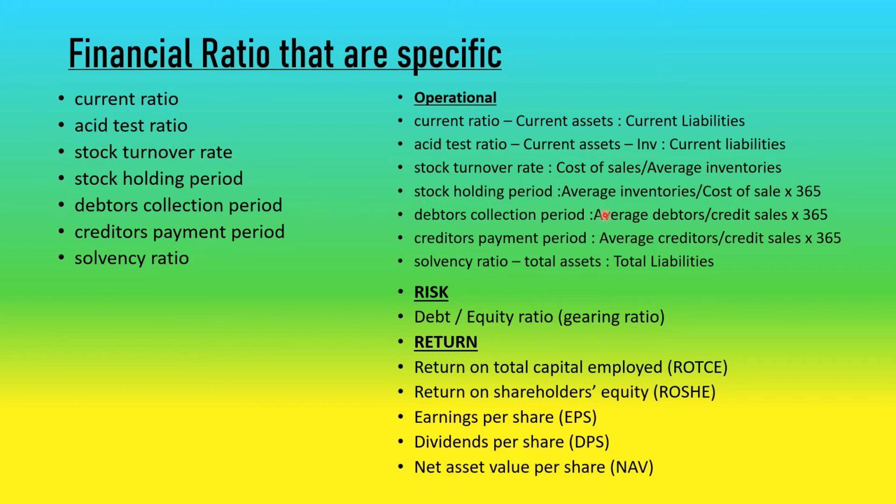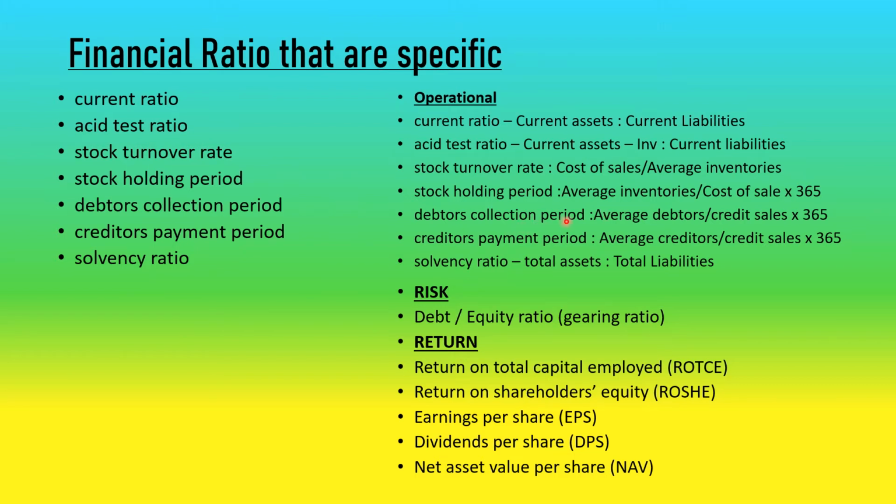You've got your average stock, divide that by your cost of sales, multiplied by 365, because that will tell you how quickly you sold stock. Whatever stock you didn't sell is still your inventory, and that will tell you how many days you're holding your stock. Usually people don't like to hold stock for a very long time because it's bad for the business. It's capital that has been tied up.